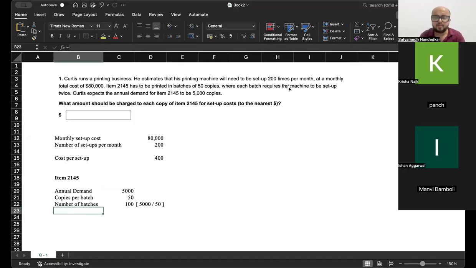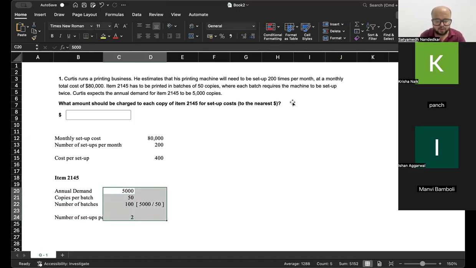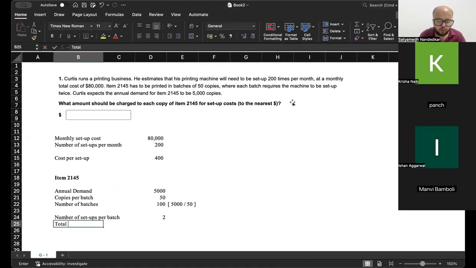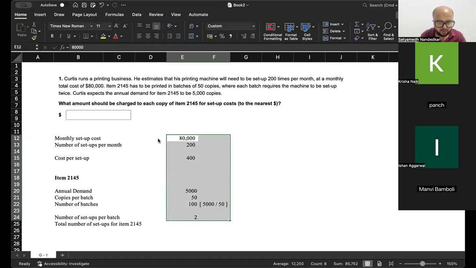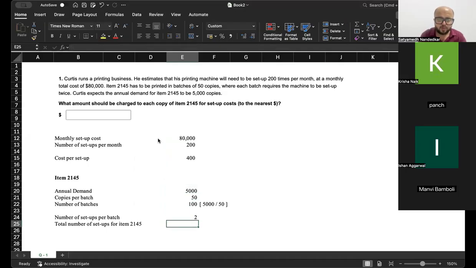Each batch requires the machine to be set up twice. So, number of setups per batch is two. It has to be set up twice. So, what is the total number of setups for item 2145? Item 2145 will need 100 batches and each batch has to be set up twice.